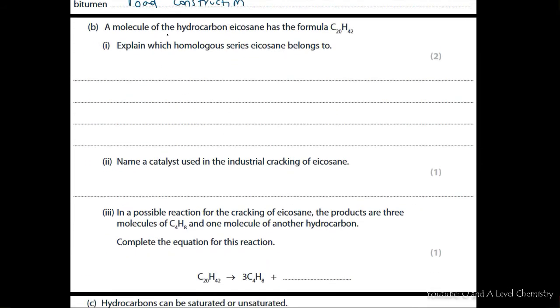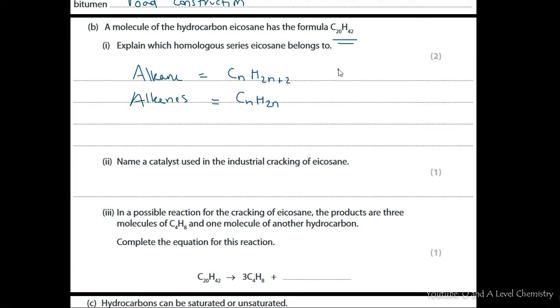So that's that. Next: a molecule of the hydrocarbon icosane has this formula. Explain which homologous series icosane belongs to. The way we would look at it is that the general formula for alkanes is CnH2n+2, and that of alkenes is CnH2n.